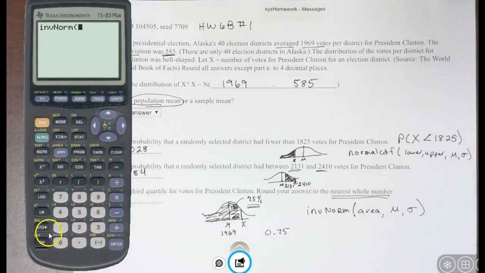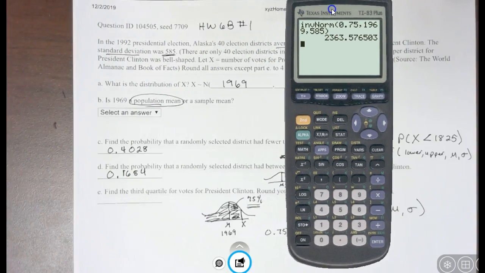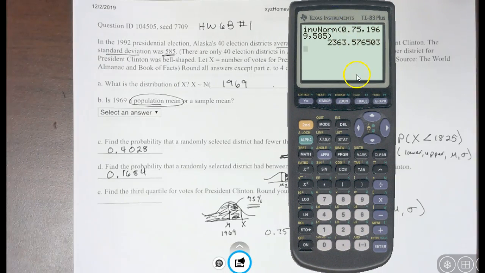So that's what will go into the first slot, and then the mean, which is still 1969, and the standard deviation 585, and I get 2363.something, and we want to round that to the nearest whole number, so it would be 2364.